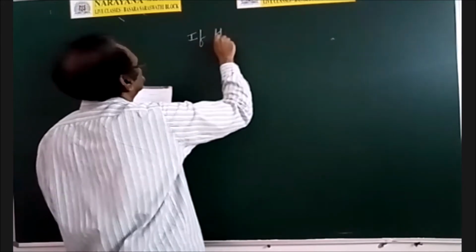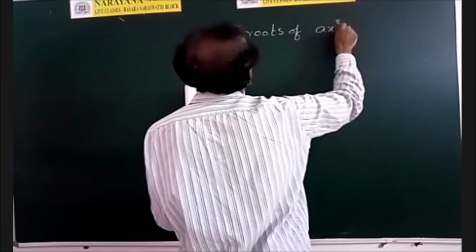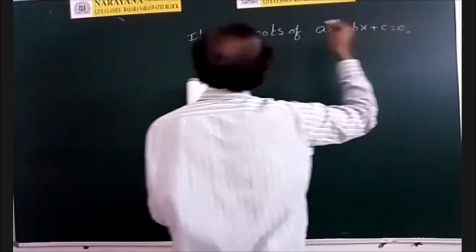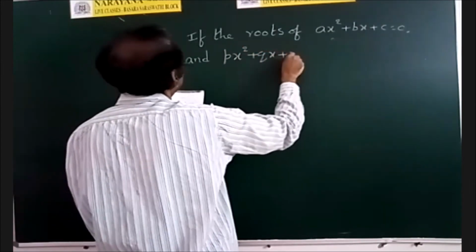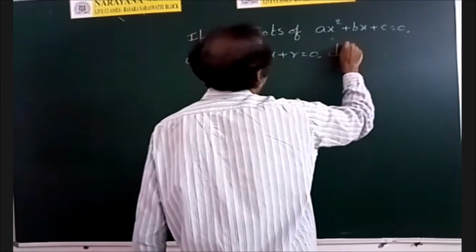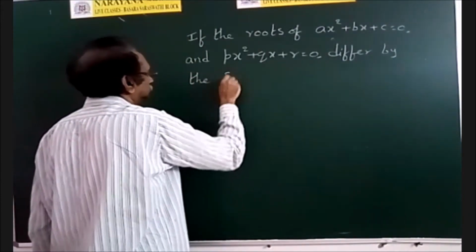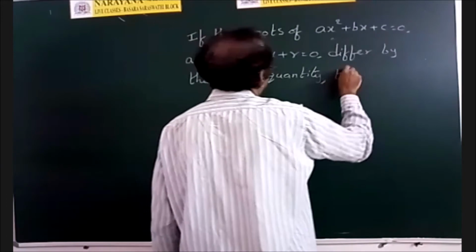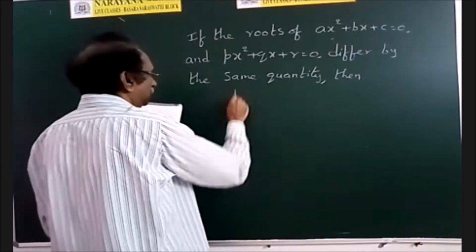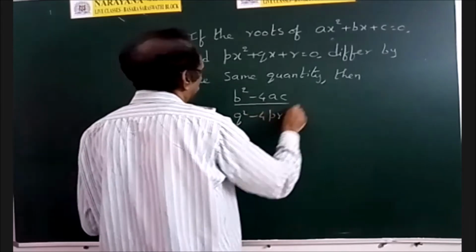Next question. If the roots of ax square plus bx plus c is equal to 0 and px square plus qx plus r is equal to 0 differ by the same quantity, then what is b square minus 4ac by q square minus 4pr equal to?